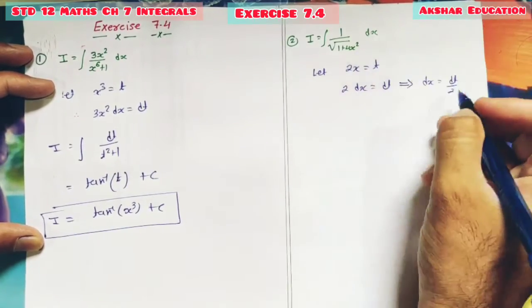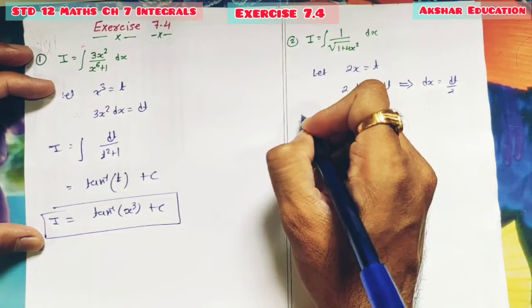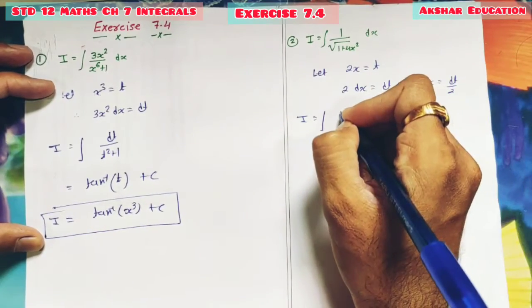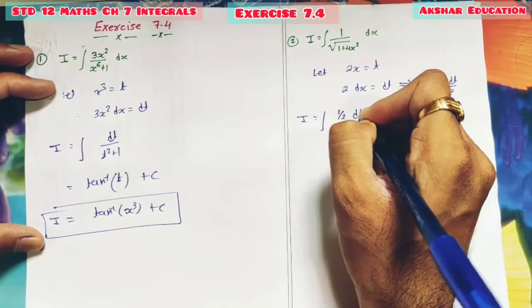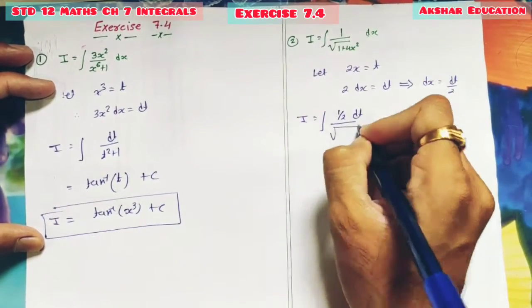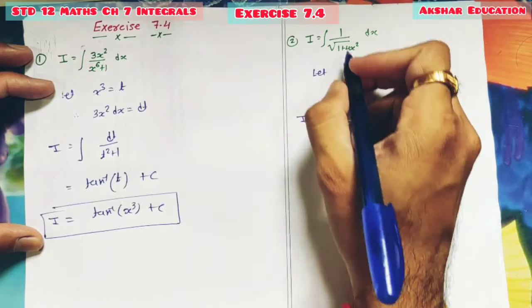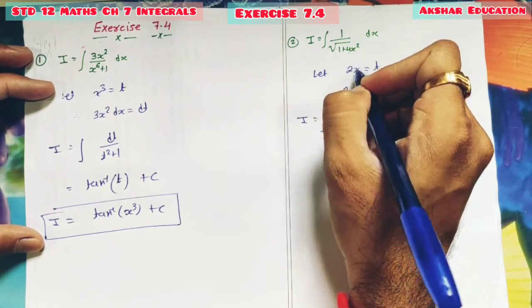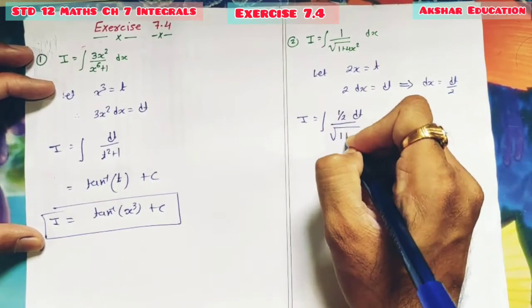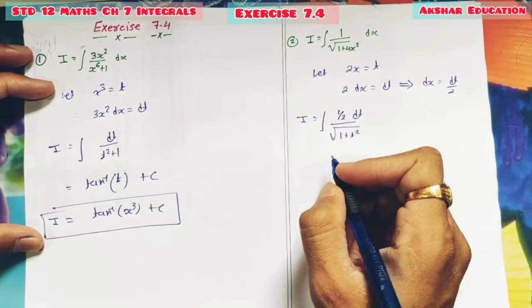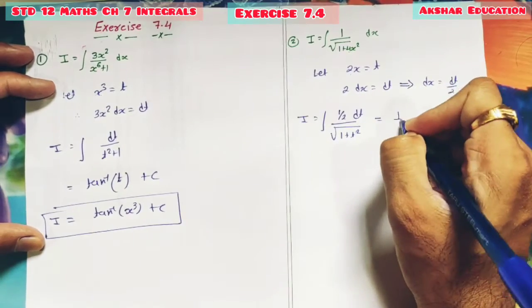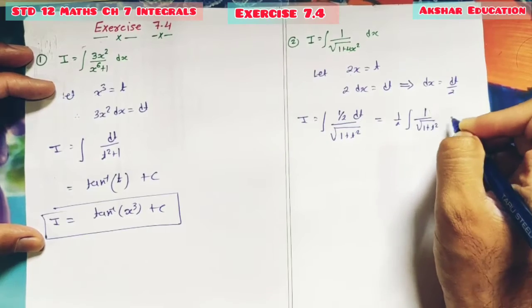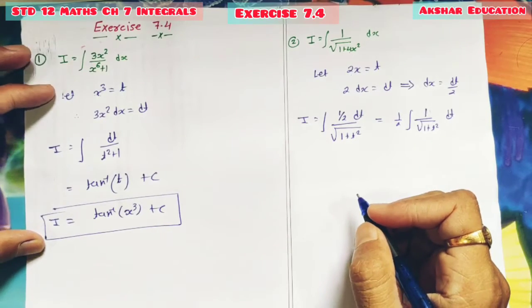Replace dx with dt by 2, and our integration I is 1 upon 2 dt upon square root of 1 plus 2x whole square, which is 4x square. So 2x whole square is t square. This is 1 upon 2, constant, 1 upon square root of 1 plus t square dt.